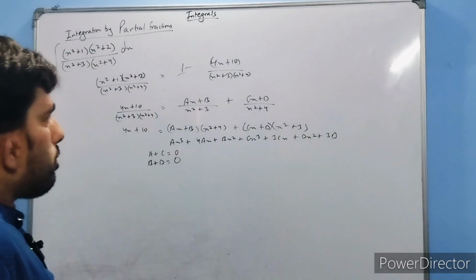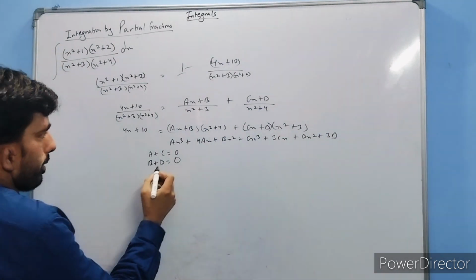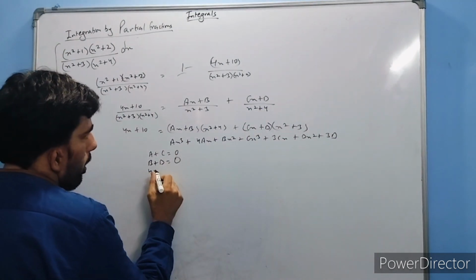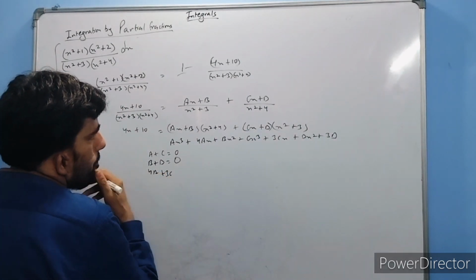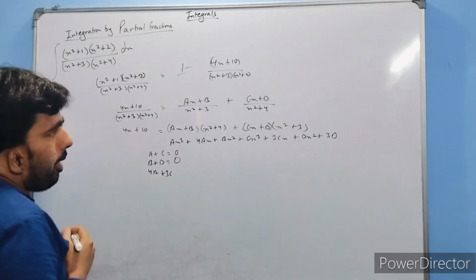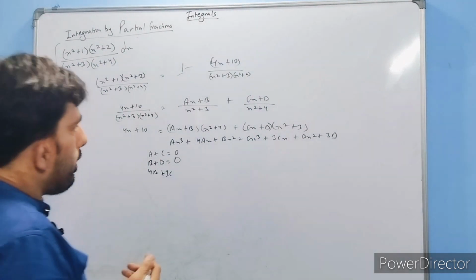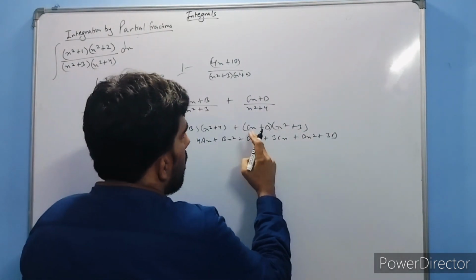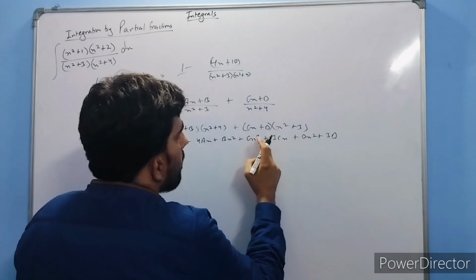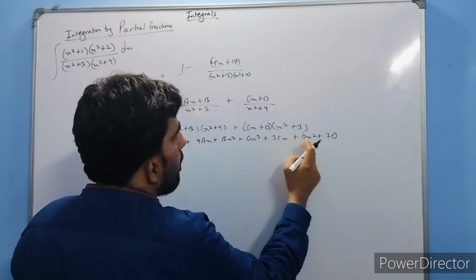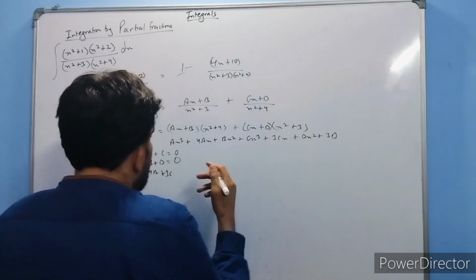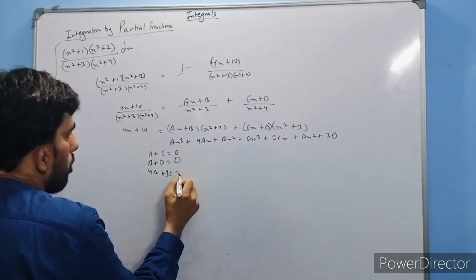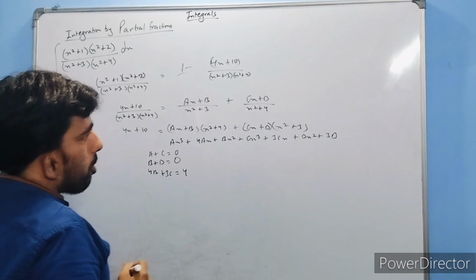Now if I go for x, we have 4a plus 3c. I got 4a plus 3c is equal to 4.